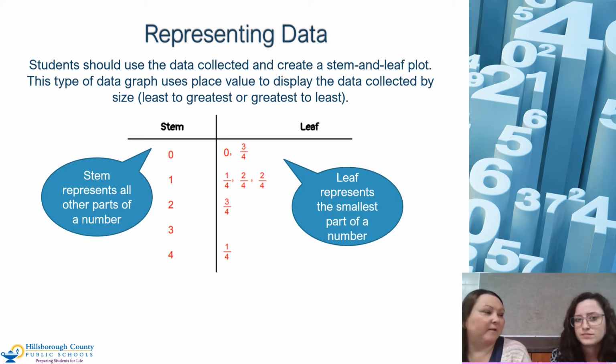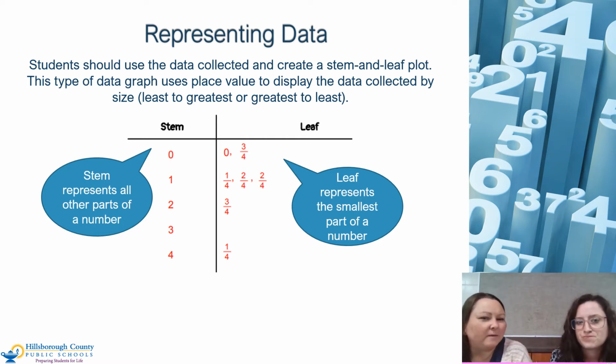So let me ask some clarifying questions because this is new to me. So if I look correctly in the first row where the stem says 0 and the leaf says 0 3/4, that means I have 0 whole numbers and I have 0 fractions. So that first one is 0. And then the second one is 3/4 because there's no whole number with it. Right.